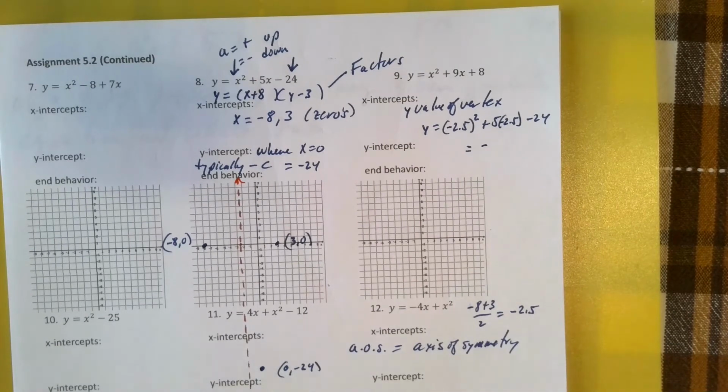Let's just do this. Let's go 2.5 squared, because it's negative, it's going to be a positive anyway. Let's go plus 5 times -2.5 minus 24, and I got -30.25.